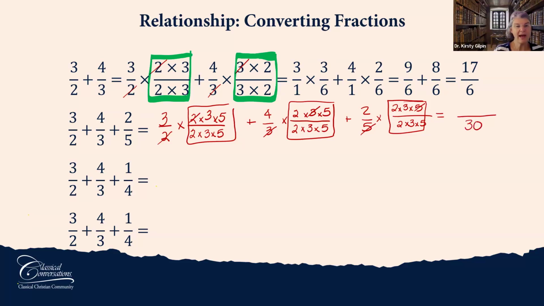And so now I can go back and I can say, okay, well, I have 3 times 3 times 5. That's 9 times 5, that's 45. I'm obviously not showing you all the work. 4 times 2 times 5, that's 8 times 5, that's 40. And 2 times 2 times 3 is 12. And I end up with 97/30ths.